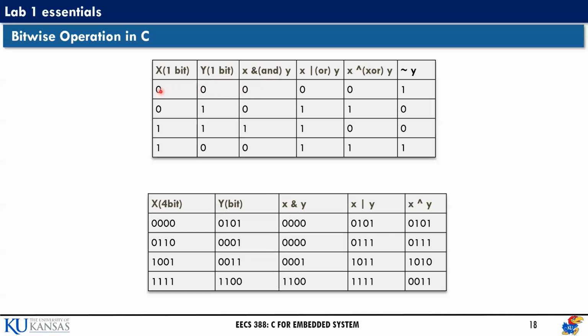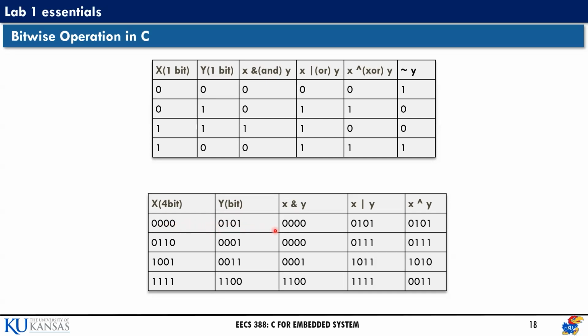For example, 0 and 0 for the AND operation. If any of the bits is 0, it will return 0. You can observe in the output that for any 0 between x and y, the AND operation returns 0. We can also do a 4-bit bitwise operation. If our numbers are more than 1 bit, it will operate bit by bit.